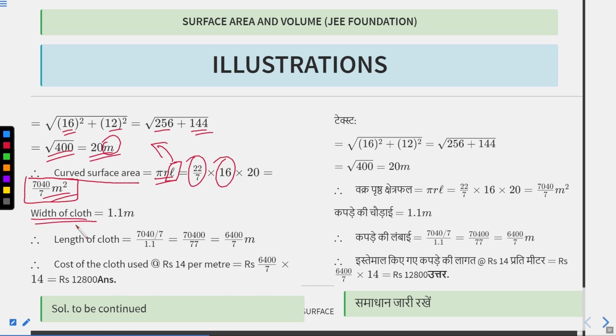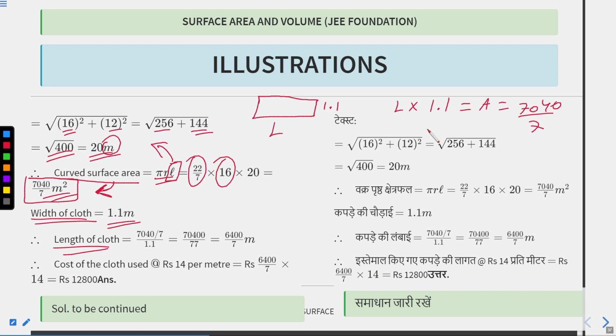Now the width of the cloth is already fixed. So this is my area for the cloth, and the cloth will look something like this, and I know the width is 1.1 and this is my length. So area is length times width, and the area is already given to me as 7040/7.